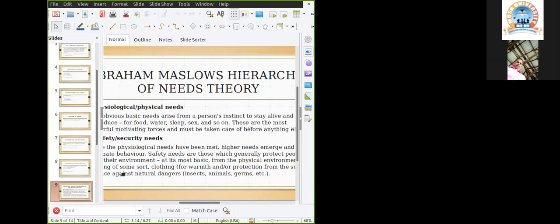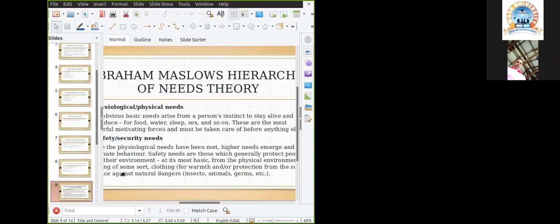Before a person may want any other type of need, the first type of need that you will have are the physiological needs, or physical needs, or the basic needs. So what could be examples of those kinds of needs?